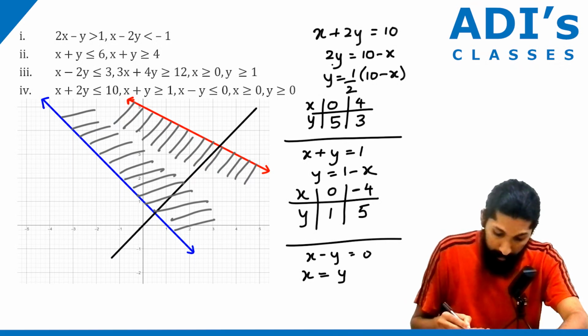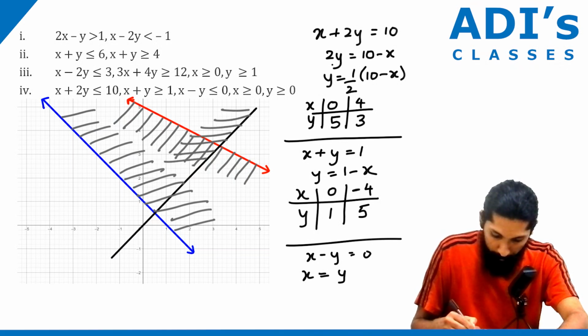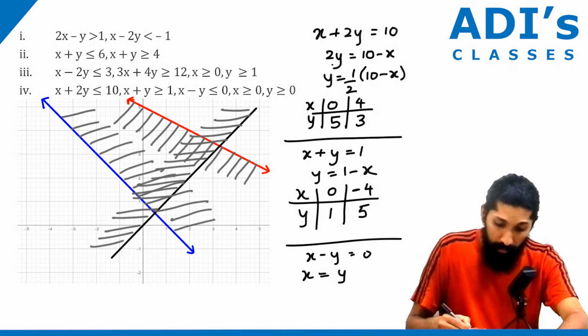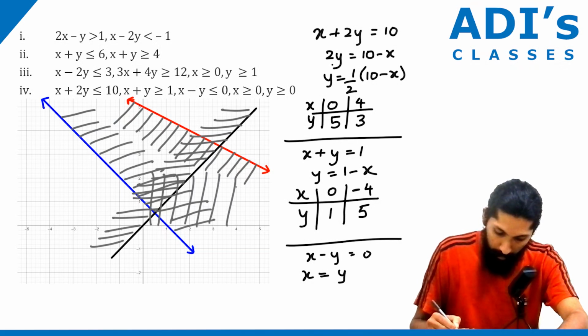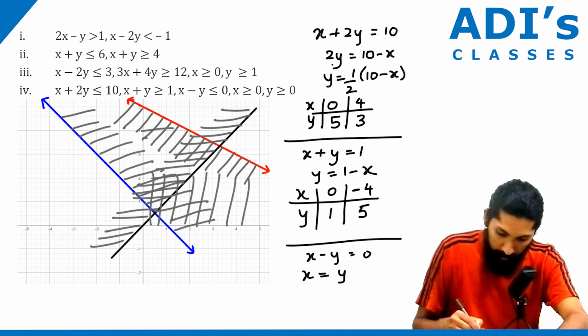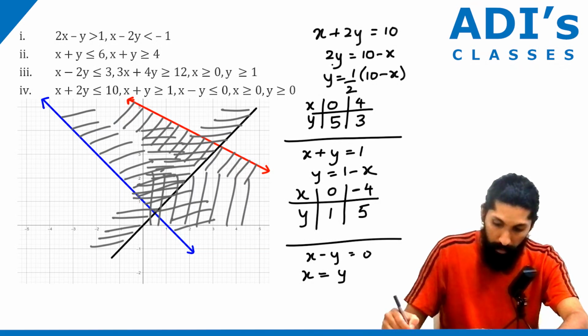Then the next one, it's lesser than this origin part, so lesser in the sense it's going to be like this. Correct? Then it's more than the y-axis and x-axis. It's going to be like this, and like this. Correct?